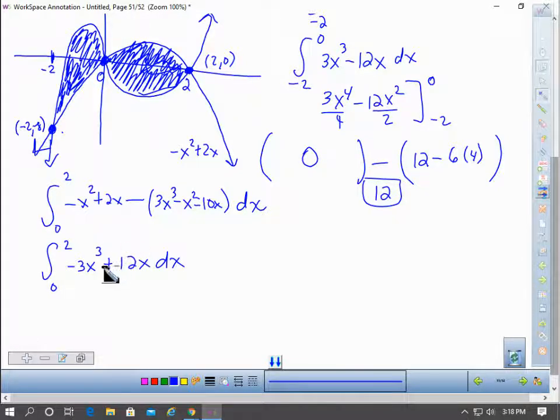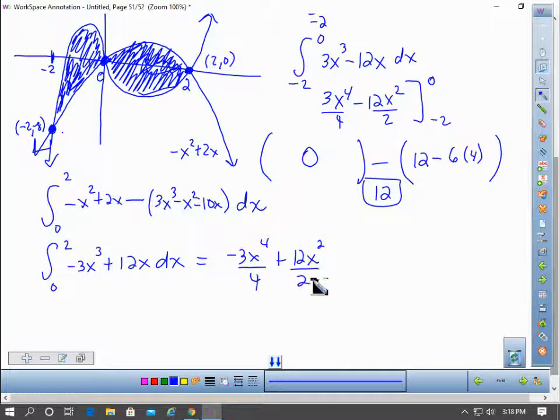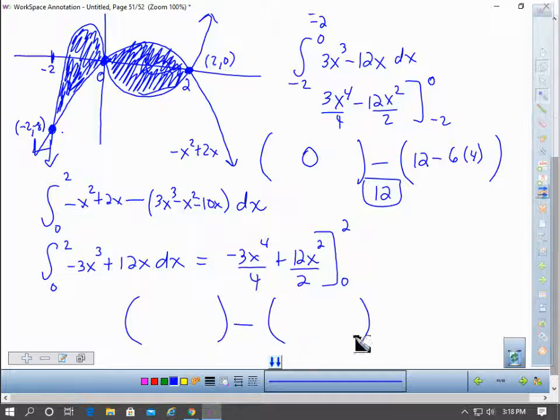All right, so now we're going to do our antiderivatives. So our antiderivatives are going to be -3x to the 4th divided by 4 plus 12x squared divided by 2. I don't need my plus c because I'm evaluating from 0 to 2. So now I do my fundamental theorem of calculus. So I put a 2 in first.